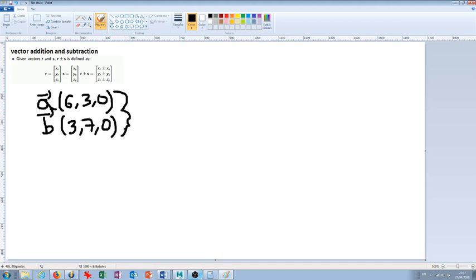So I can work out A plus B is equal to a different vector C, that is 6 plus 3 is 9, and 3 plus 7 is 10. Okay, so I expect a vector 9, 10, 0.